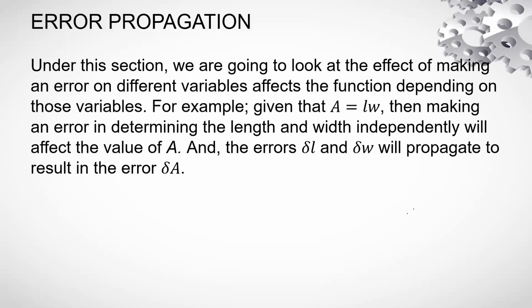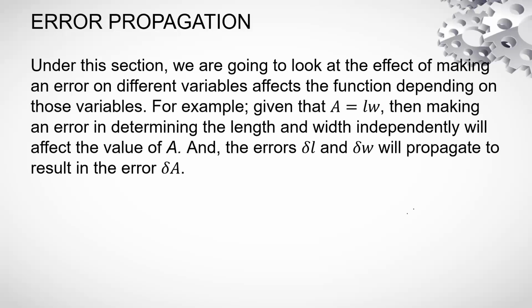You would realize the values are somehow not the same, because you could have made an error in obtaining that length and that width. So that's why you have a deviation from the actual value. And there's no guarantee that if you determine the area using a certain instrument, then that's the actual value.